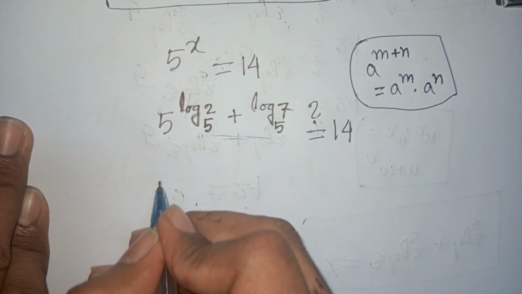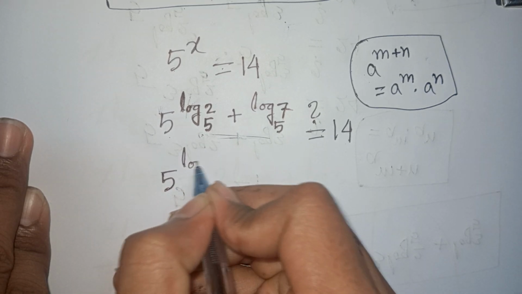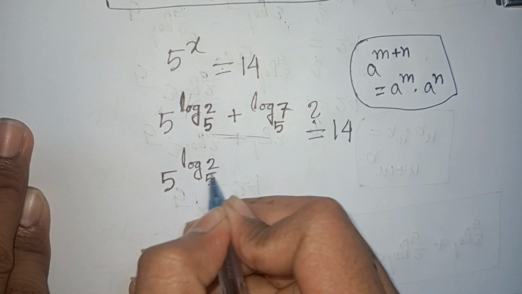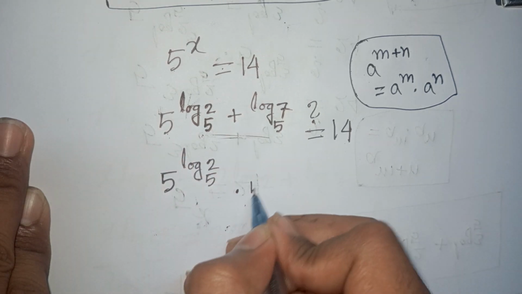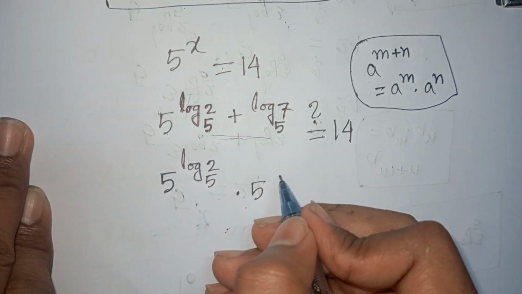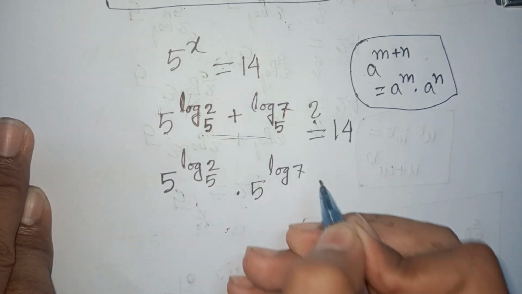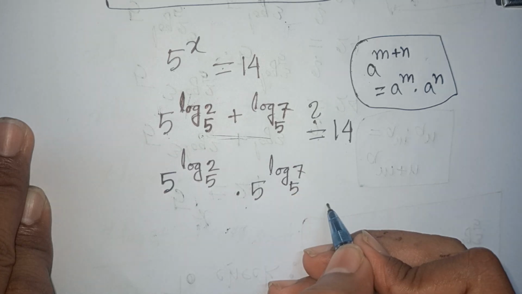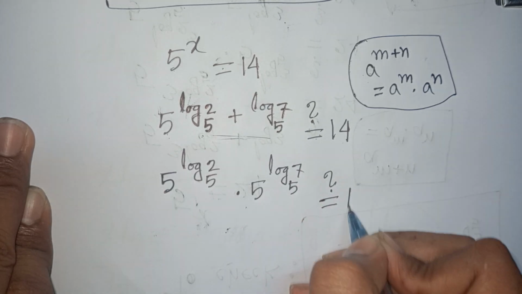So it will be 5 to the power of log 2 base 5 times 5 to the power of log 7 base 5, then is equal to 14.